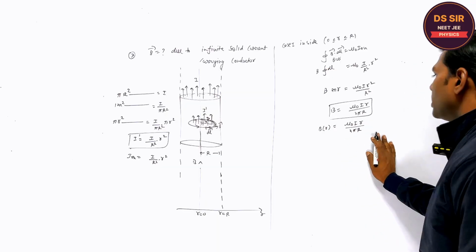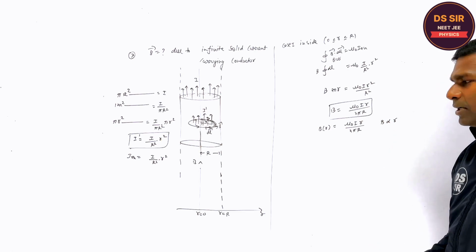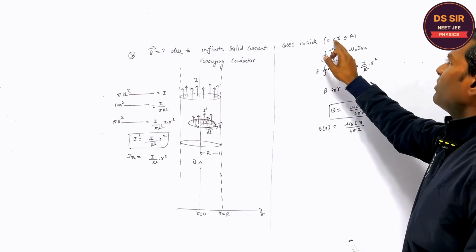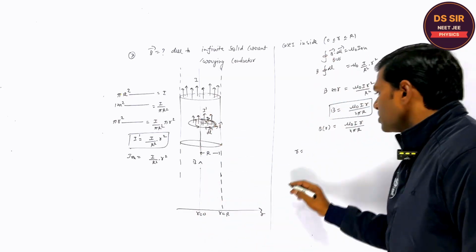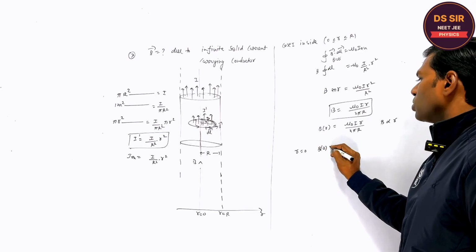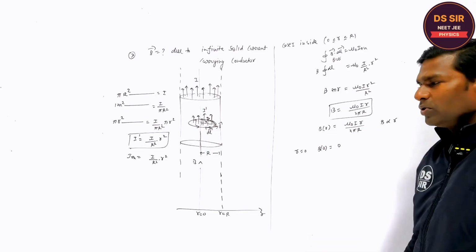You will see B is directly proportional to r. The value of r varies from 0, meaning on its axis. What is the magnetic field, you tell? If you put r equal to 0, the magnetic field is 0.